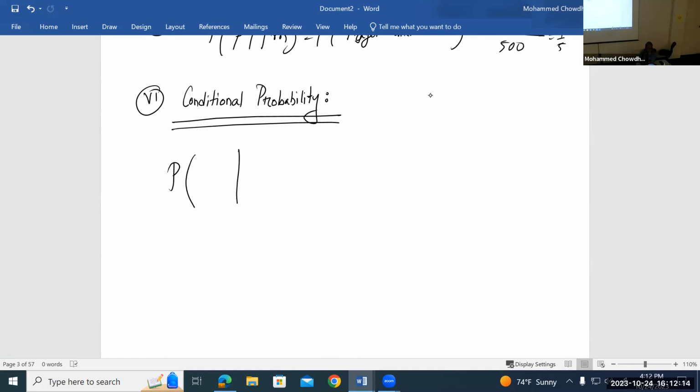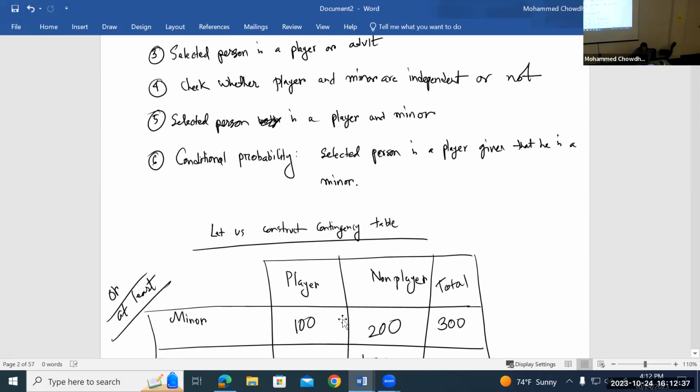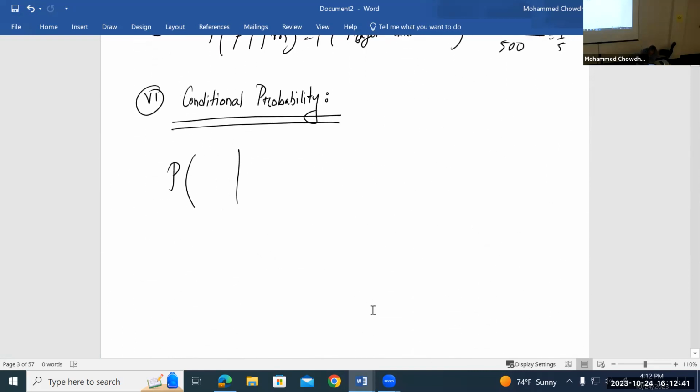My teaching experience tells me some students switch up. They do not know which one to put after the vertical line. What is given comes after the vertical line. Understand? Clear, right? So what is given? Given that he is a minor. This is the minor, and this is the player.